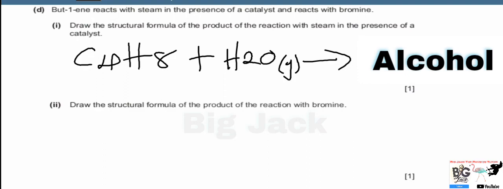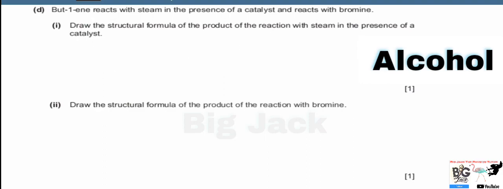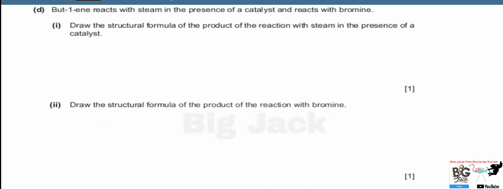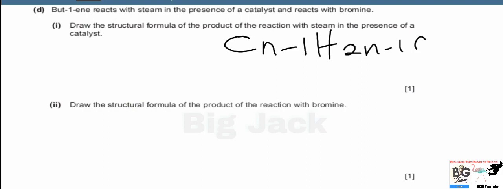Let's write the general formula for the homologous series of alcohols. The general formula is CnH2n+1OH.